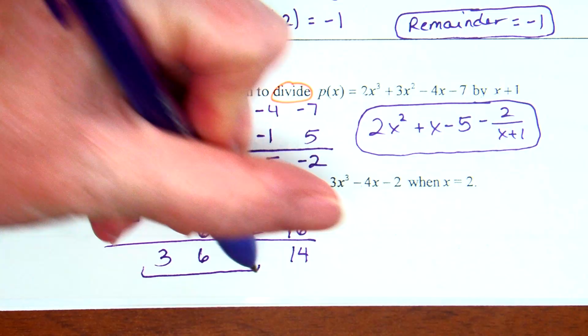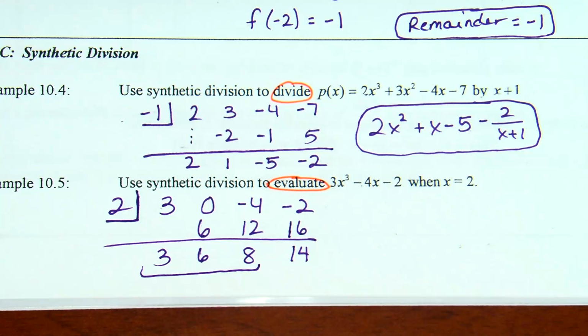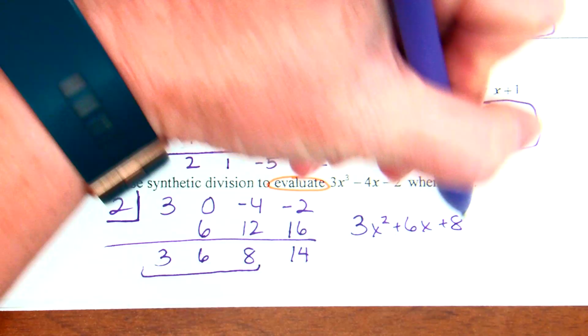See you pretty soon. Okay, so we know that 3, 6, and 8 represent the answer, correct? So how do I express that? We're going to stop there. And we divided by x equals 2, so to speak, right?